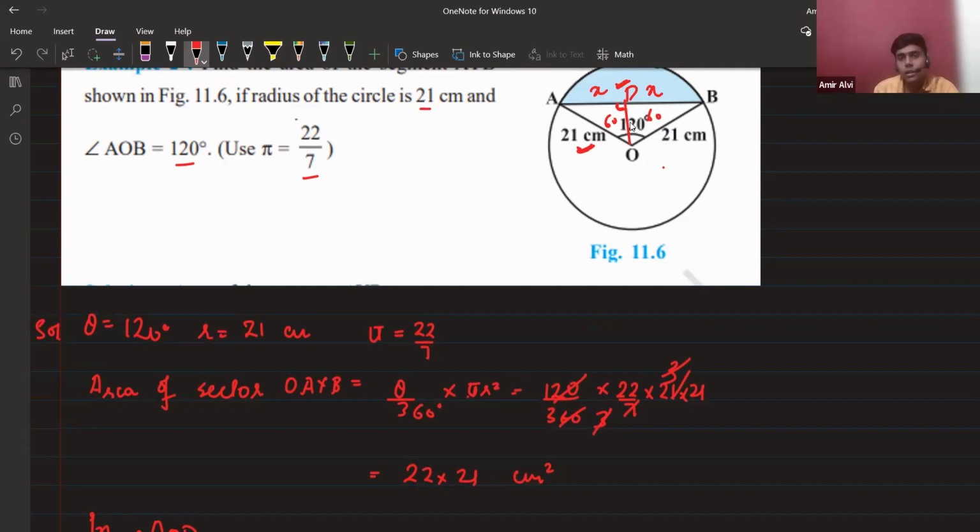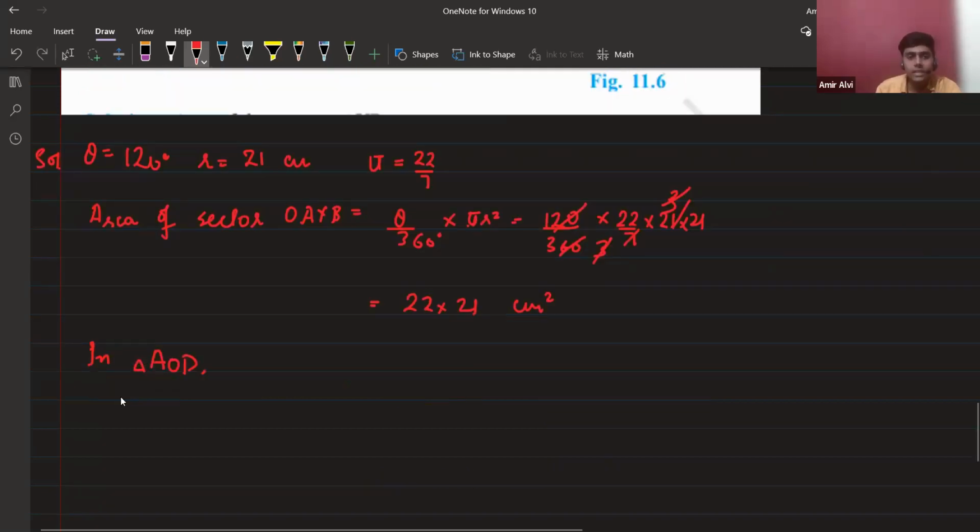So 60 is there. First, we will apply the sine, because we have the hypotenuse and we have the perpendicular. So perpendicular and hypotenuse.